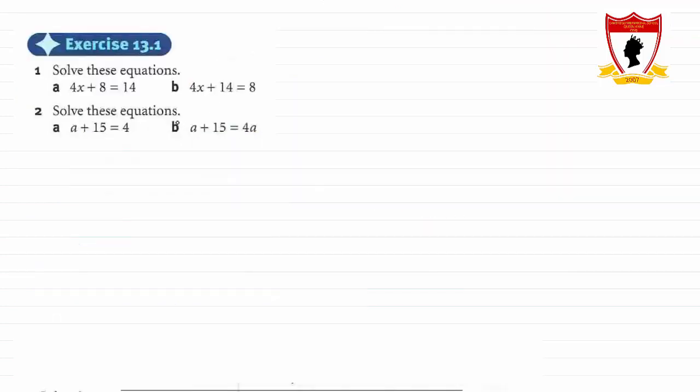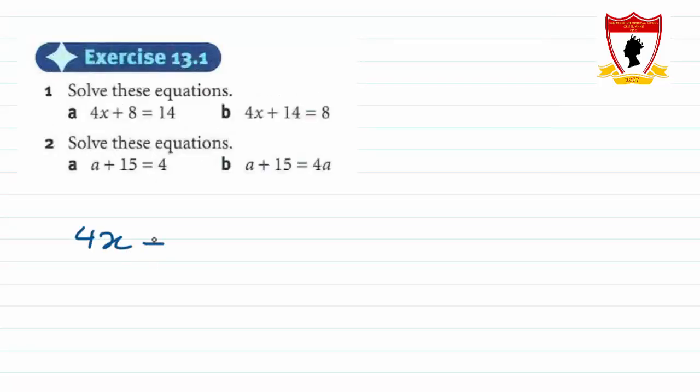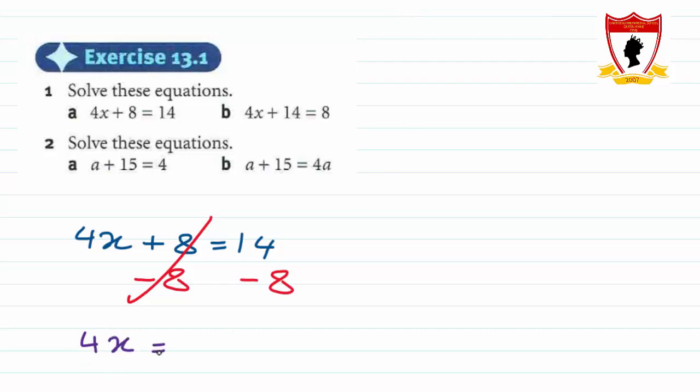About solving equations, let's solve the first equation. 4x plus 8 is equal to 14. We can straight away say minus 8 both sides. Then this 8 will be cancelled. What's remaining on the side is 4x is equal to 14 minus 8, which is 6. 4x is equal to 6.